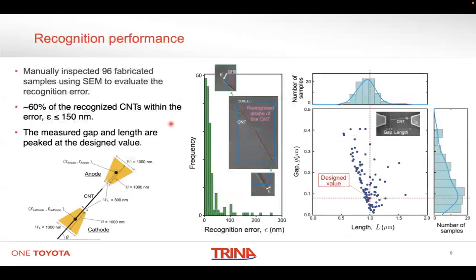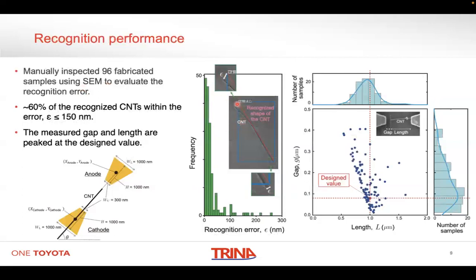So the next slide shows recognition performance using this neural network. We've tried to fabricate the carbon nanotube-based cantilever and manually inspected 96 samples using SEM images to evaluate the recognition error. In this picture, you can find the definition of the recognition error.